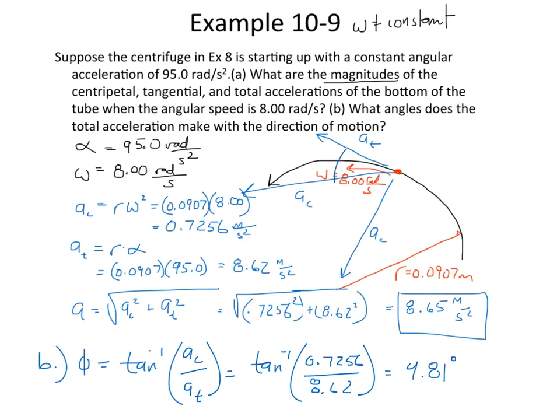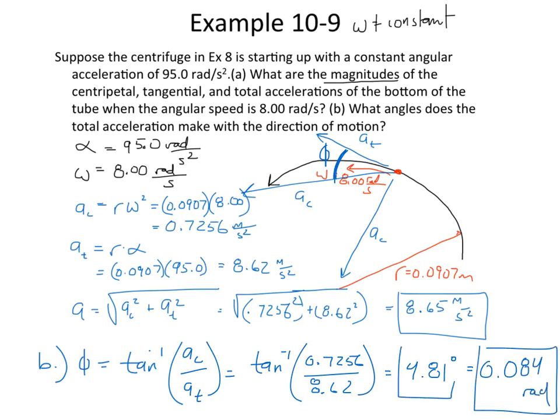So that's this angle right there, that's our phi. Let's convert that to radians real quick, times 2 pi divided by 360 degrees. That's 0.084 radians.